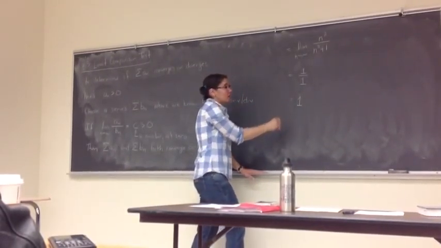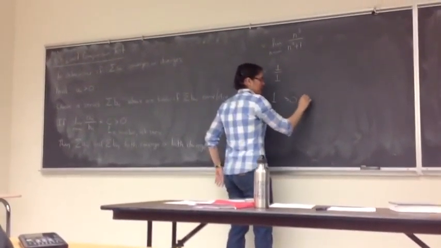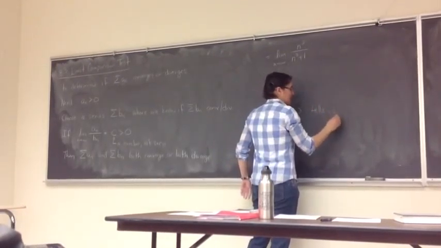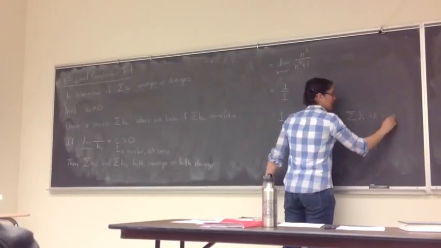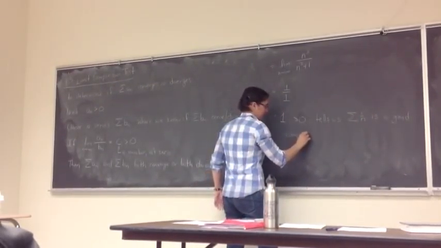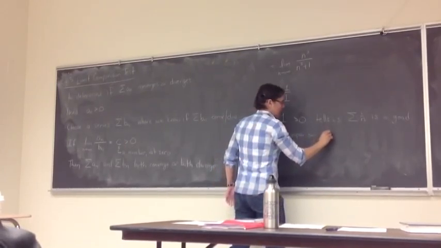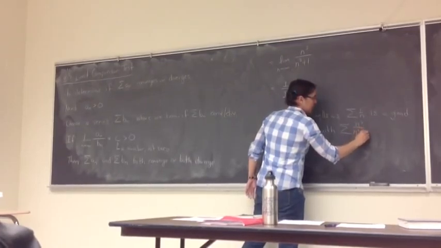So our final limit's equal to 1, which is a number greater than 0, and tells us that the sum of 1 over n is a good comparison with our mystery series, sum of n squared over n cubed plus 1.